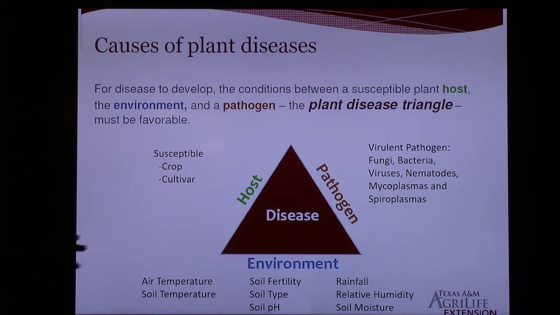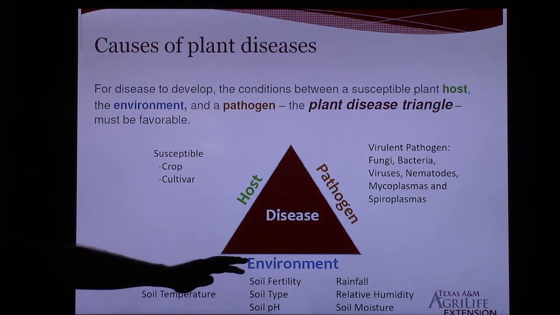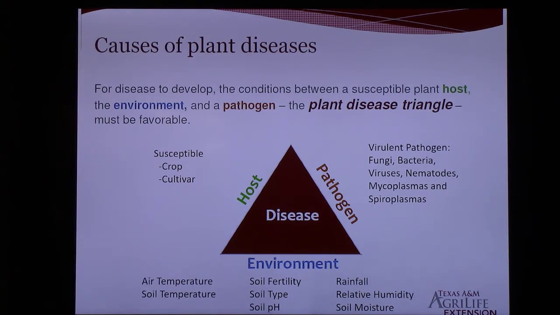So we need to have a host, we need to have a pathogen, and then the environment needs to be right in order for that pathogen to successfully infect the host. And for the environment, it might be the air temperature.